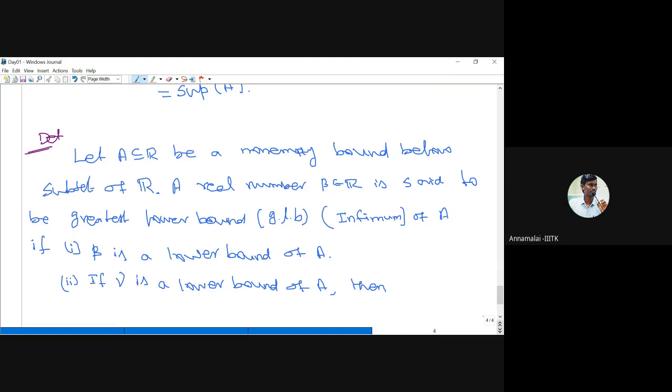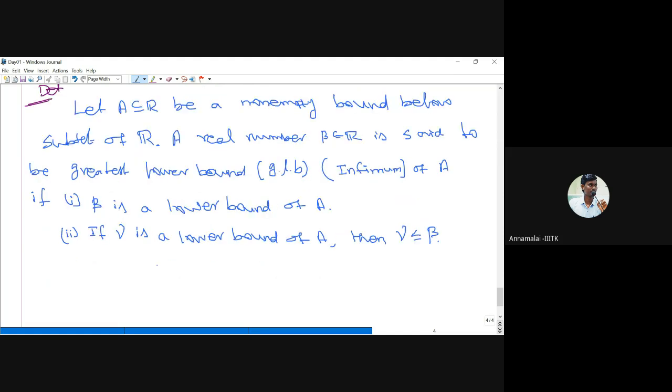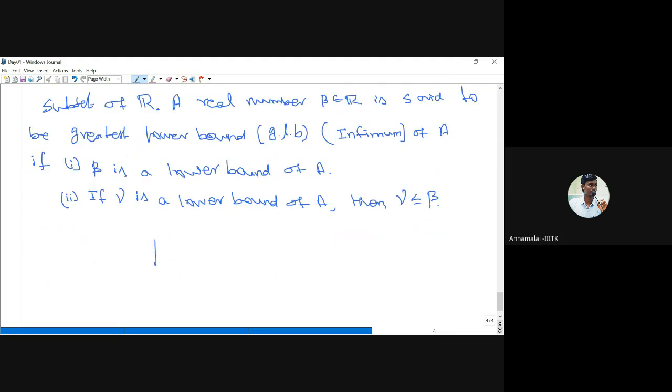Beta is the greatest one, therefore gamma is less than or equal to beta. If beta satisfies these two conditions, then we say beta is the greatest lower bound, or we call infimum. So now we denote this beta as greatest lower bound of A, or we can use infimum of the set A.